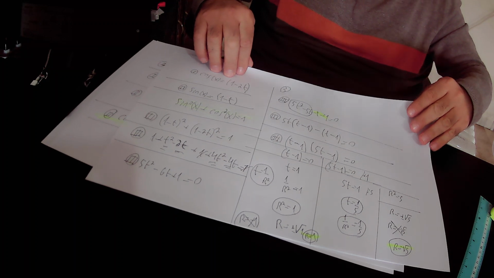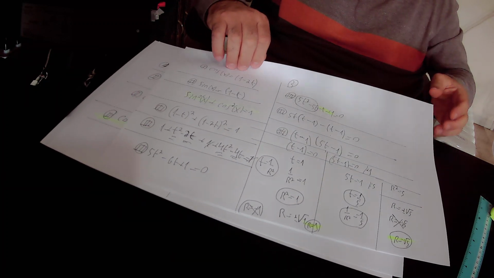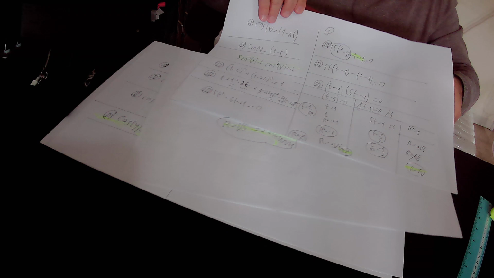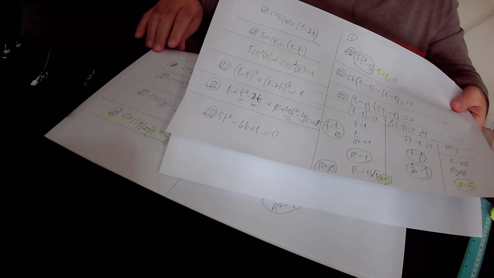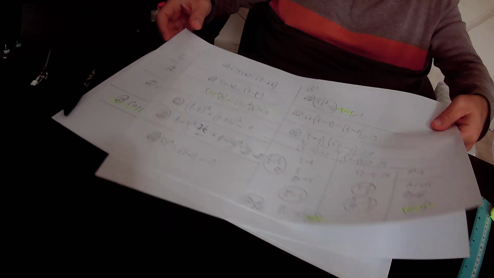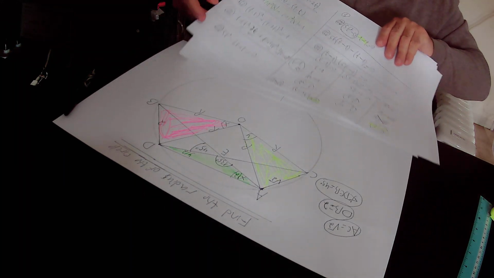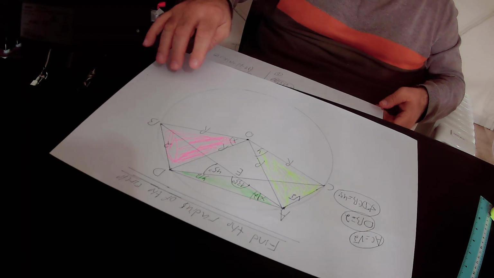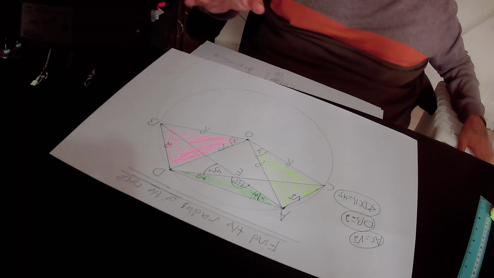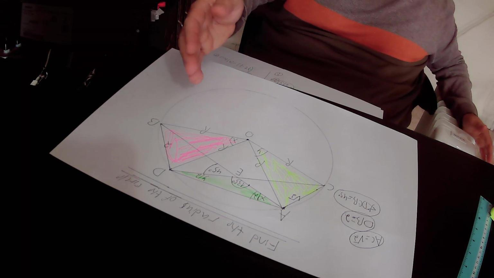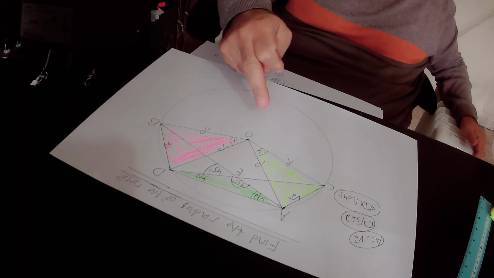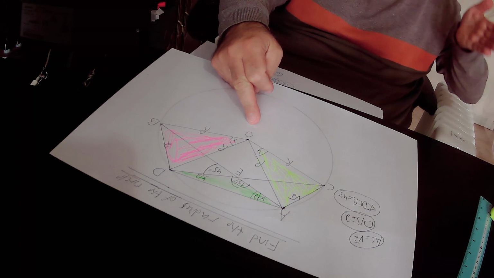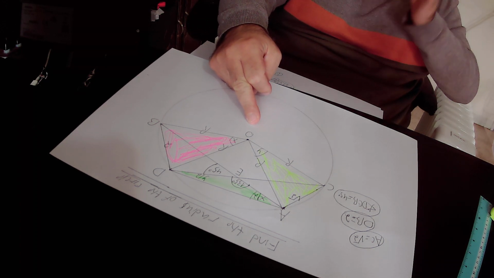Okay, and here we have the drawing. We have chord DB that is equal to 2 units. It's very easy to see that chord DB doesn't pass through point O, the center of this circle.